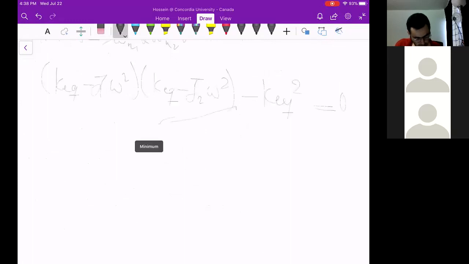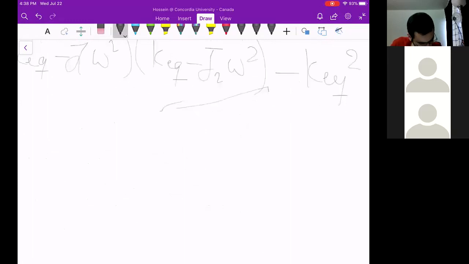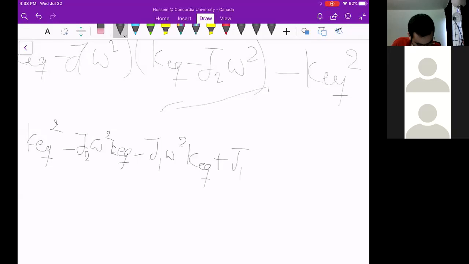So you need to further simplify it, and therefore you have to write K equivalent squared minus J2 omega squared K equivalent minus J1 omega squared K equivalent plus J1 J2 omega to the power 4 minus K equivalent would be 0.